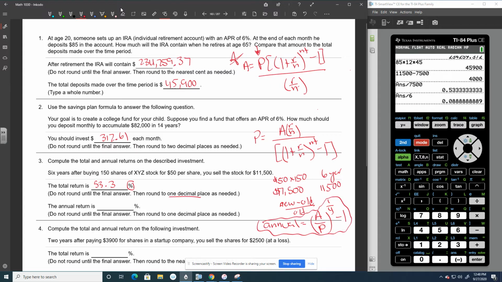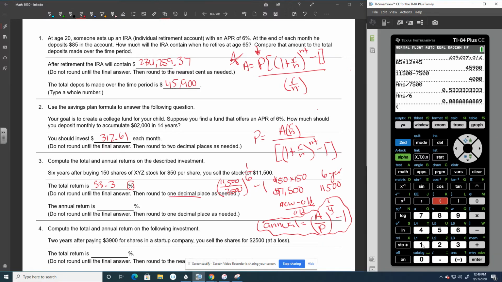So what I'm doing is the A is the amount that you have now. So I would put the 11,500 on top. I'm going to divide that by the 7,500, my initial investment. And I'm going to raise that to 1 over the number of years, 6 years. And then I've got a minus 1.